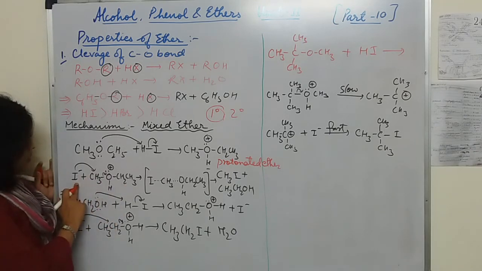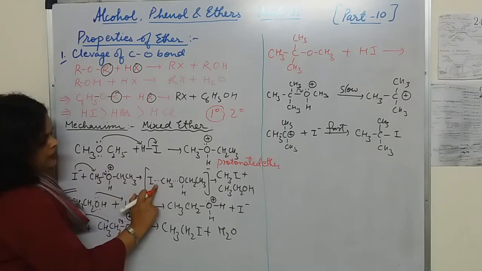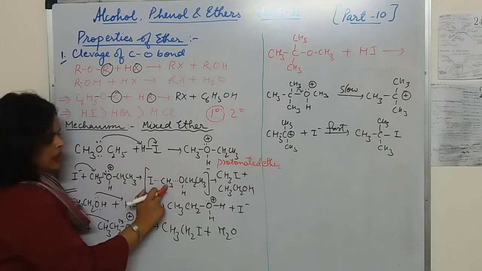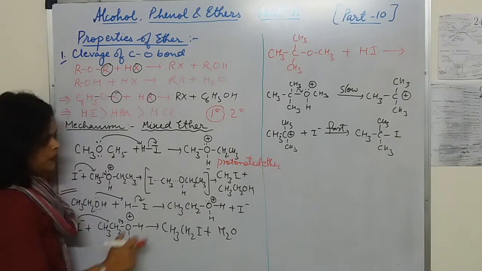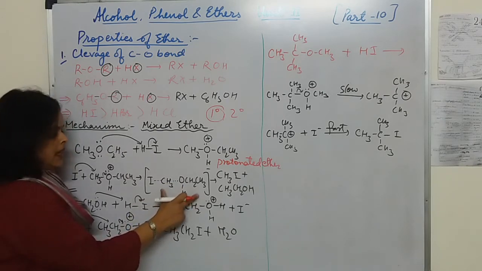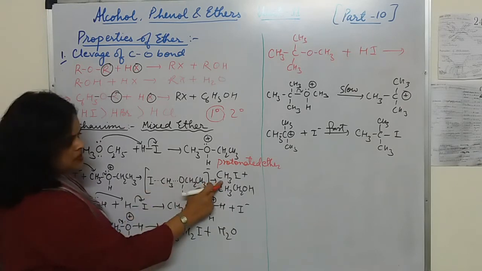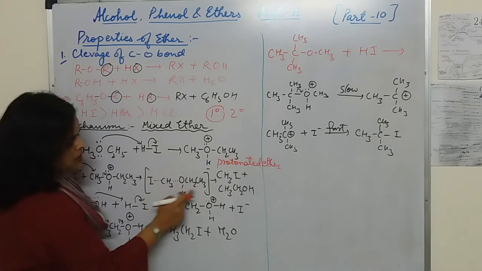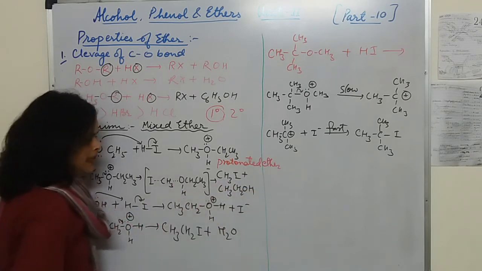So iodide ion will attack on this carbon. Okay, so here I had shown the partial bond between iodine and CH3 group and it is still partially attached with this oxygen atom. This is unstable and very soon it breaks to form CH3I and CH3CH2OH. This alkyl part comes in the form of alcohol.